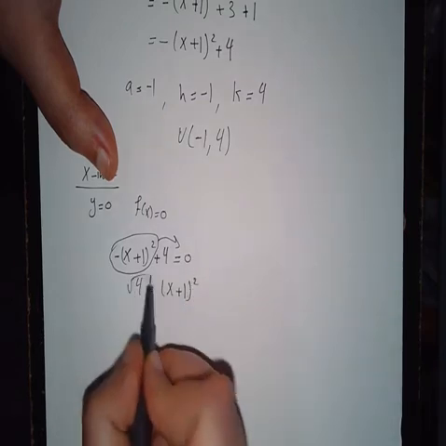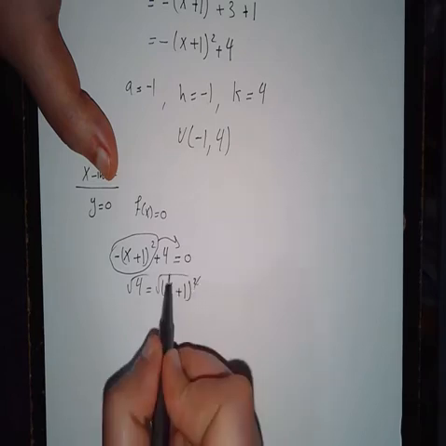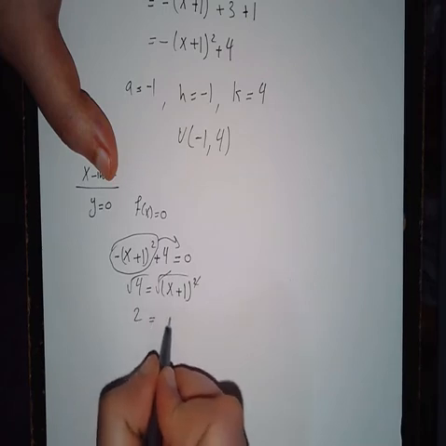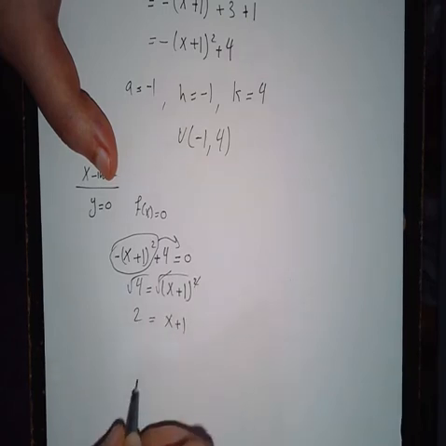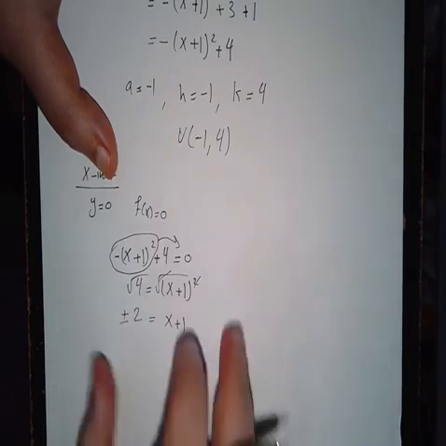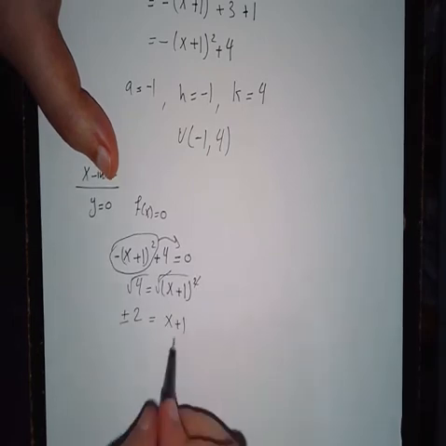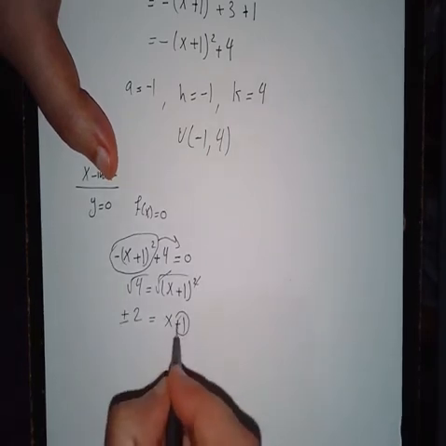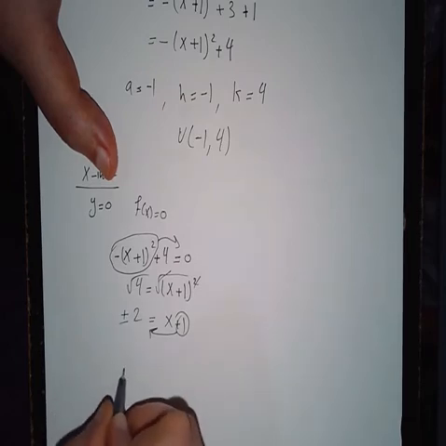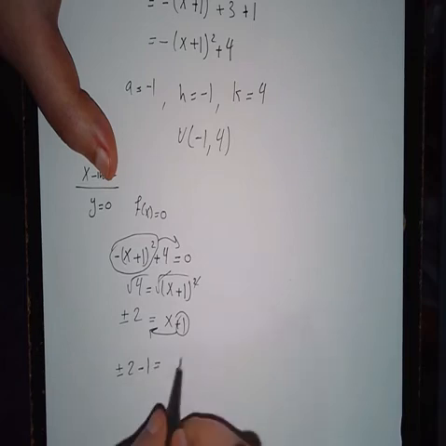Now, take the root. This cancels with the root. And over here, root of 4 is 2, and it equals x plus 1. Just 2? Plus or minus. Always remember the plus or minus. Alright? Now, we have a 1. If I move it to this side, it turns negative, which means it's either positive 2 minus 1 or negative 2 minus 1 equals x.